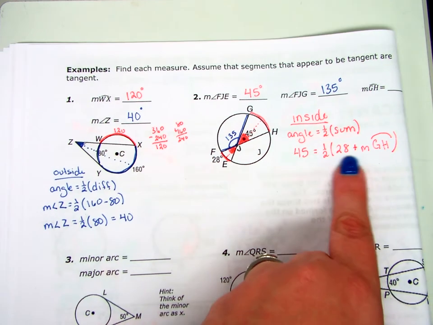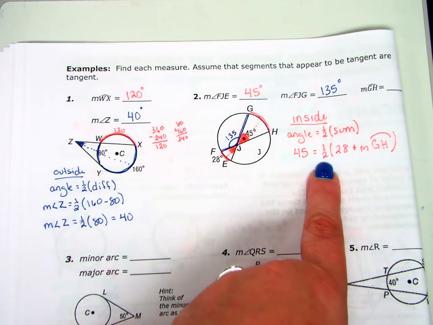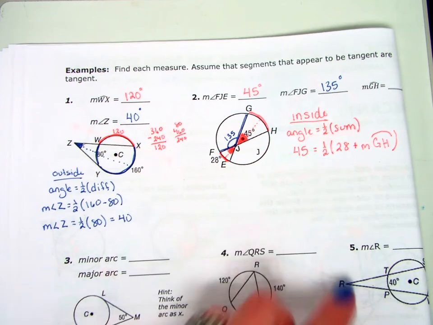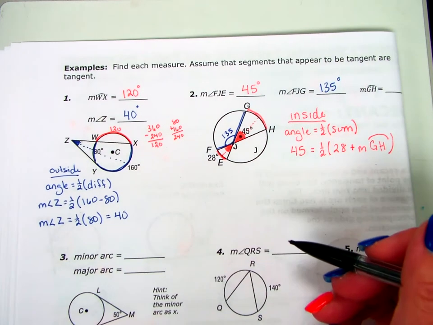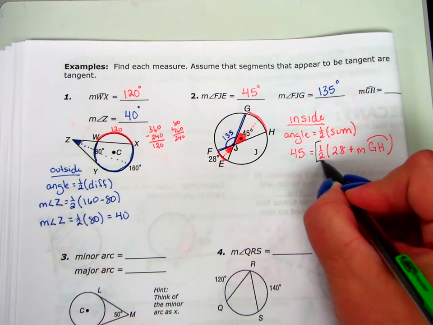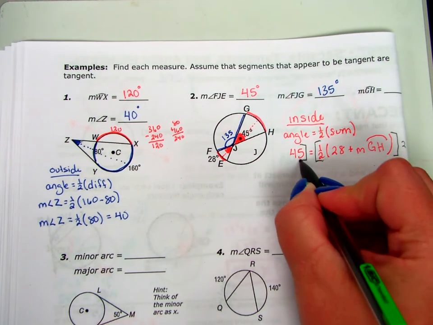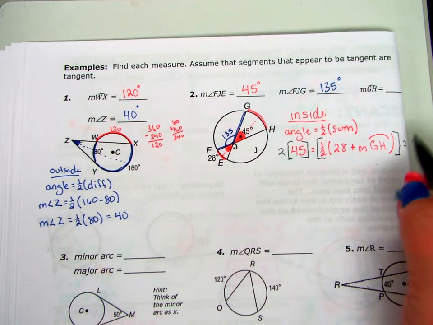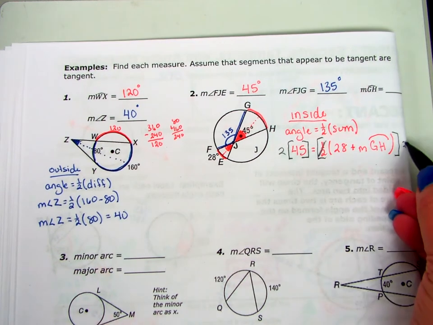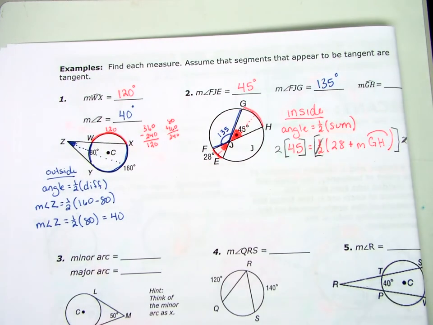So what I do is at this point, anytime my variable is inside these parentheses and I have this 1/2 on the outside, I get rid of that 1/2 by, what's the opposite of dividing by 2? I multiply both sides by 2. Because then I don't have a fraction and we no longer have to worry about that 1/2.